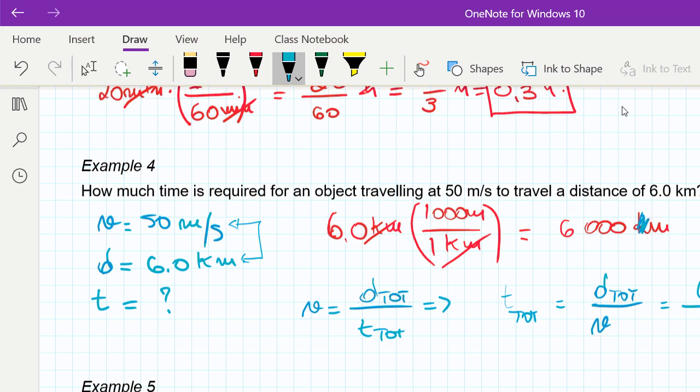It is 1 over 1 over seconds, and when we see this, it is the same as saying 120 seconds. But the significant digits here are 2, and the final answer is 3. So we write it in scientific notation, 1.2 times 10 to the power of 2 seconds. And this will be our final answer. Do you have any question on this?